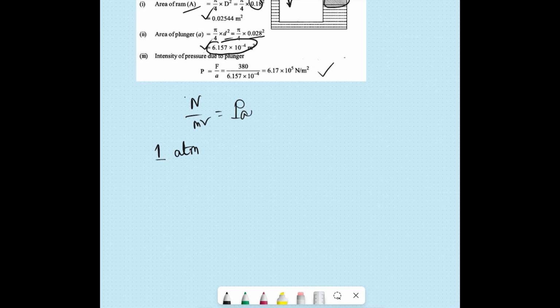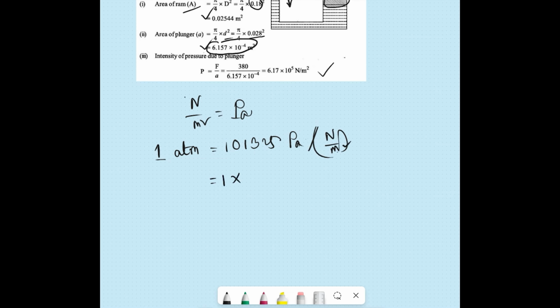So 1 atmospheric pressure means 101,325 Pascal or Newton per meter square.